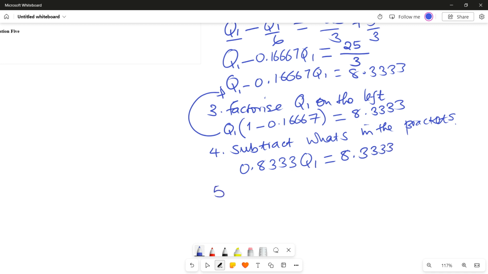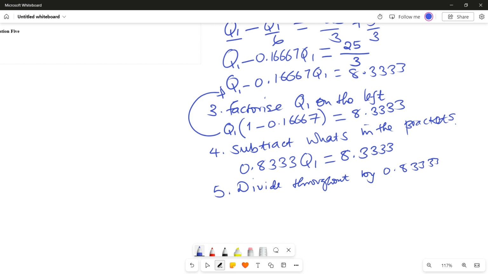Then from here you just divide throughout by 0.8333. Why? Because we want to make Q1 the subject. In short, on the left we should just have Q1, nothing else.